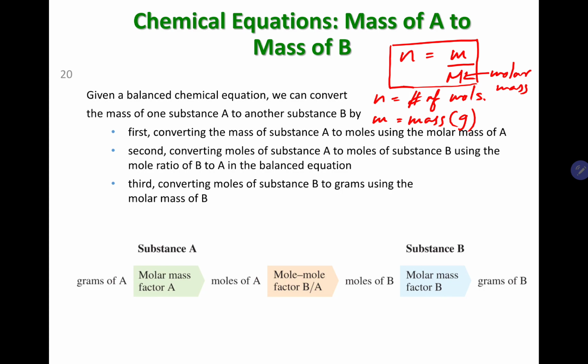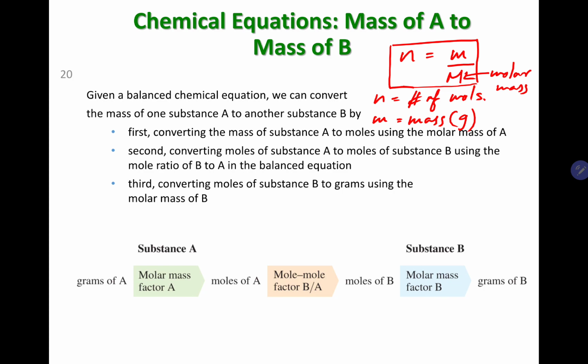So if you get the gram value that is equal to this atomic mass, that gram value has 1 mole of that particular atom. As an example, if you take a look at carbon, carbon has an atomic mass of 12.0.